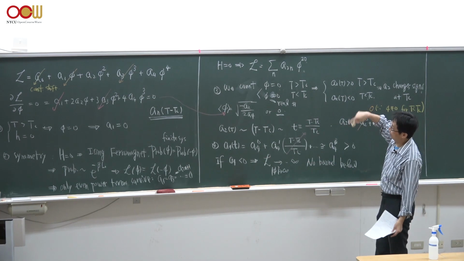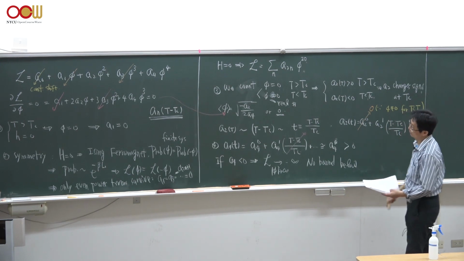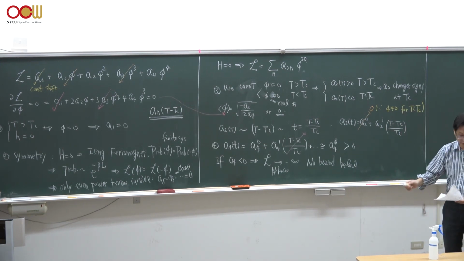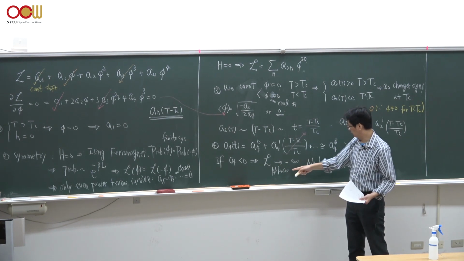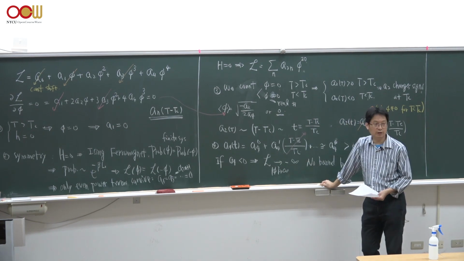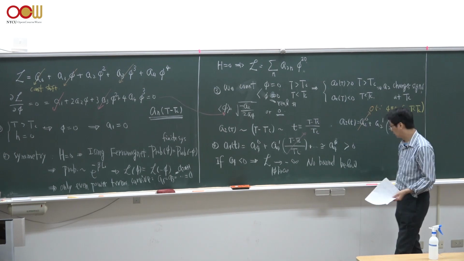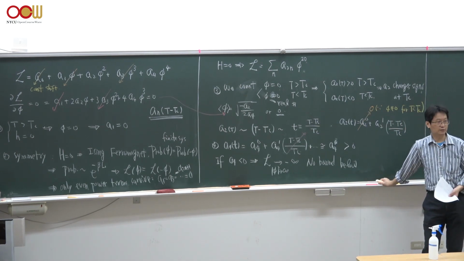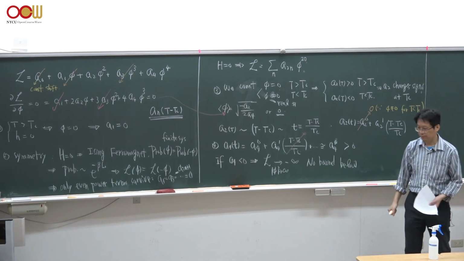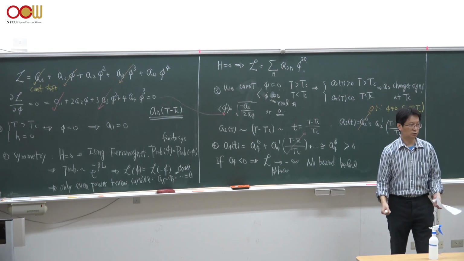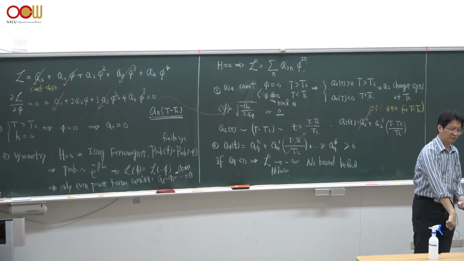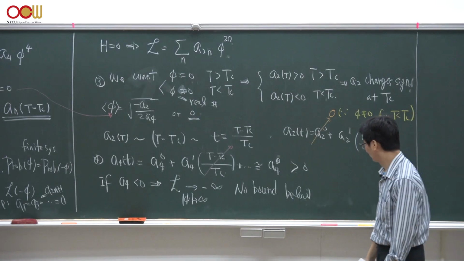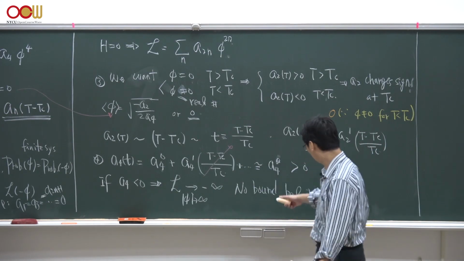So we will make a plot of this Landau free energy density as a function of phi in just a moment to see this. If A4 is negative, then L in the limit of phi going to infinity becomes minus infinity, which is unbounded below, which means that the system is experiencing a kind of catastrophe. The particles will fall into that minus infinity energy level without any bound.